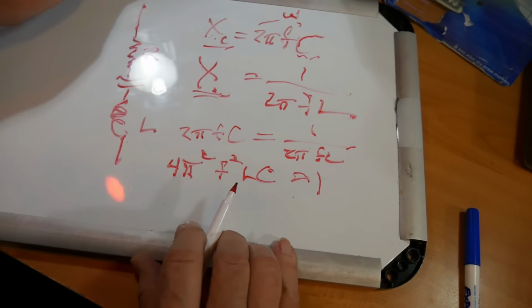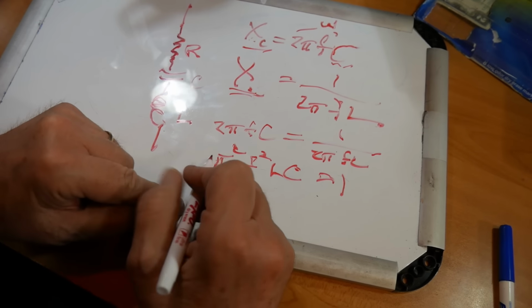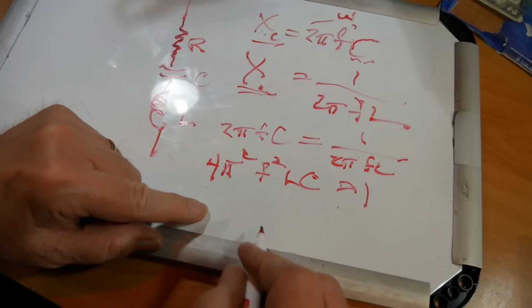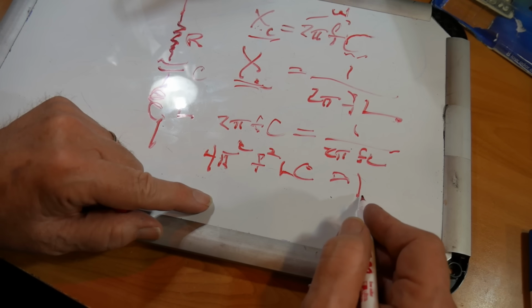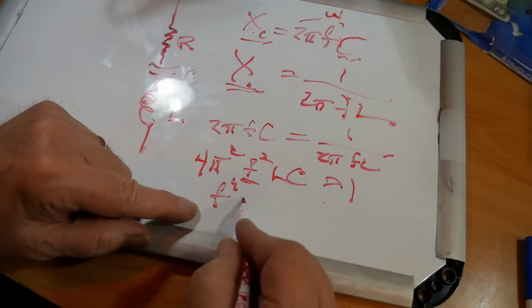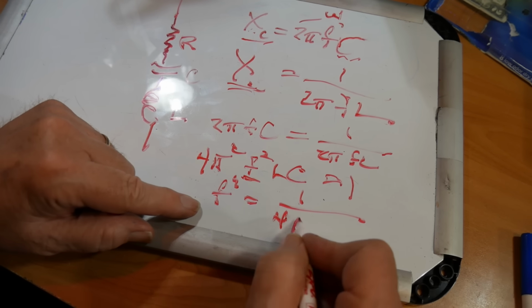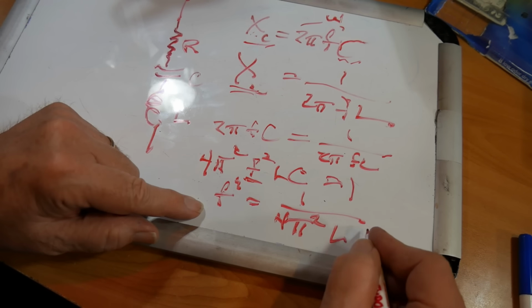Let's take the square root of both sides. I'm sorry, this should be, oh yeah, it's 4 pi squared, so this one is equal to 1. We want to solve this for the frequency. So f squared equals 1 over 4 pi squared LC.